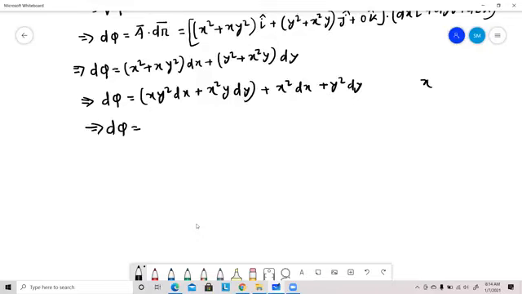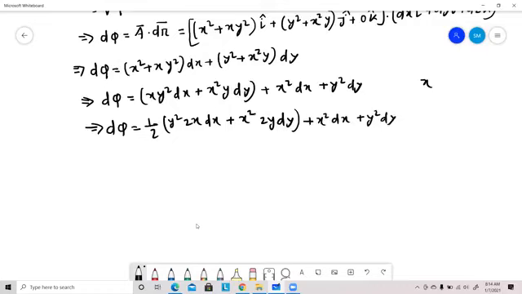At first we have to take half, because we know twice x dx will be d of x square. That means it will be integrable. And similarly, x square twice y dy, and the remaining terms x square dx, y square dy.